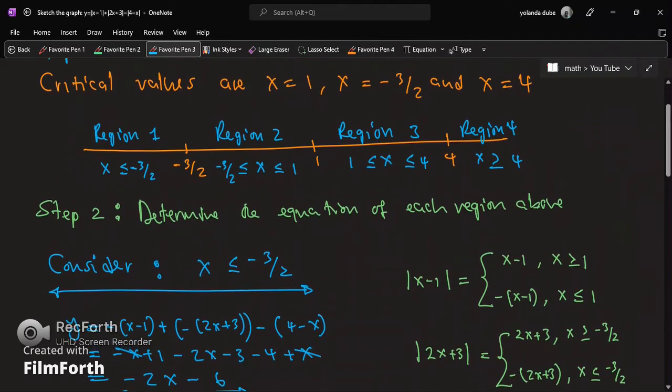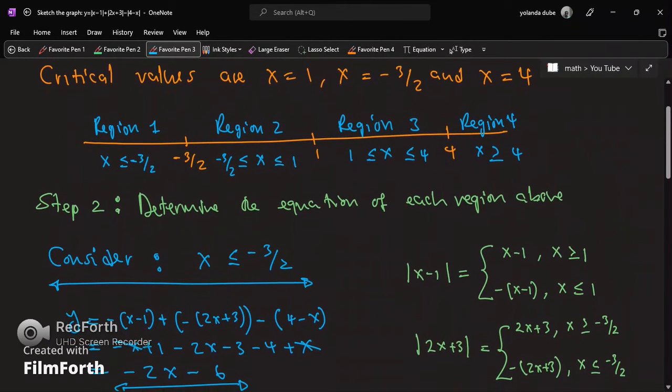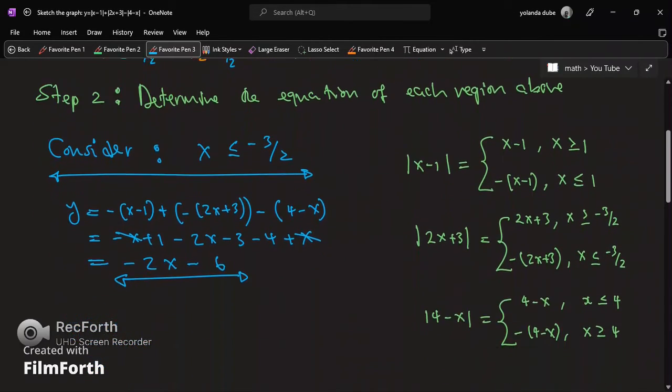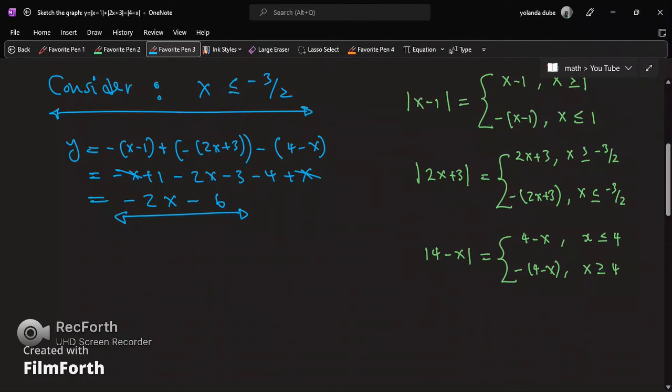So we move on to the second region, which is x greater than negative 3 over 2 but less than 1. You see that? So now x greater than negative 3 over 2 but less than 1.